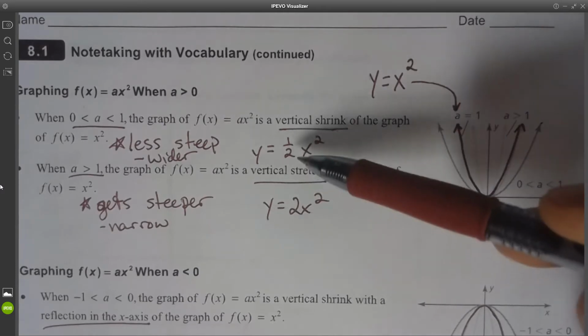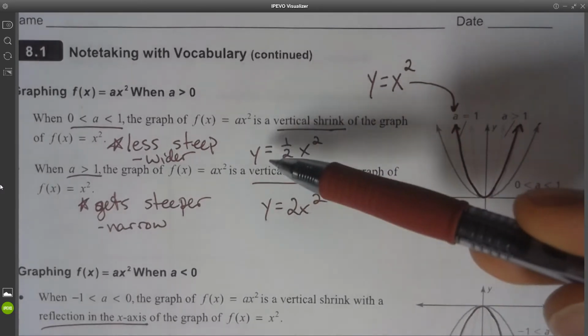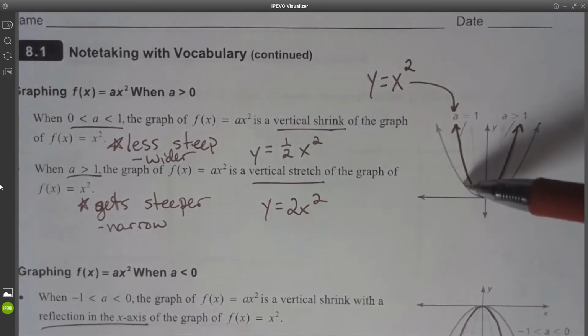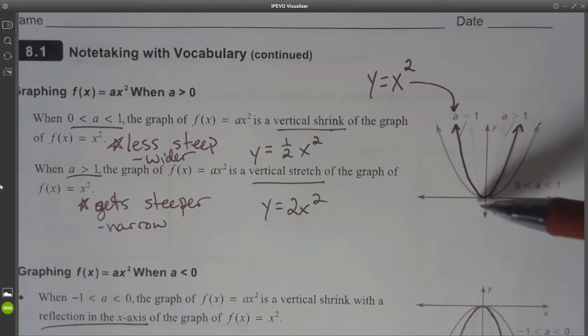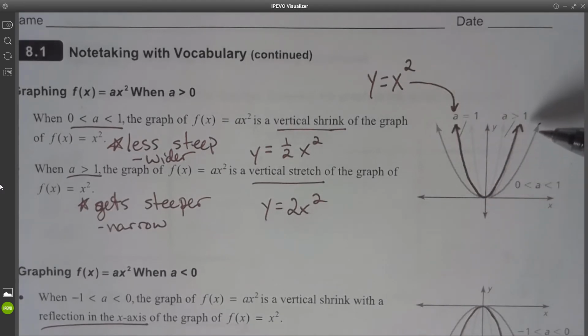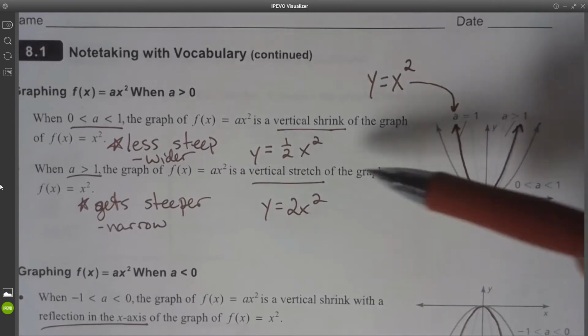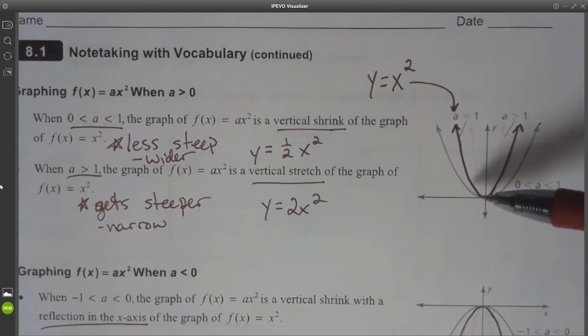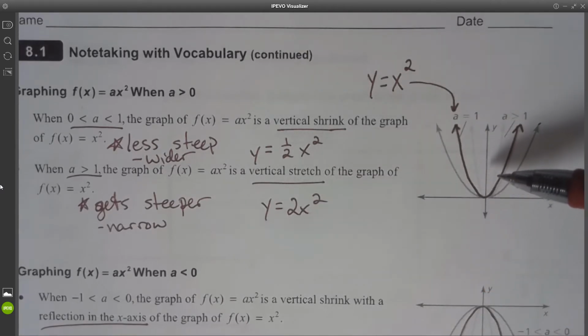That's because when we have a 1/2 here, the y values increase at a slower pace, so they have to move further along the x-axis to get taller. When there's a larger number in front, the y values increase more quickly, so it becomes steeper.